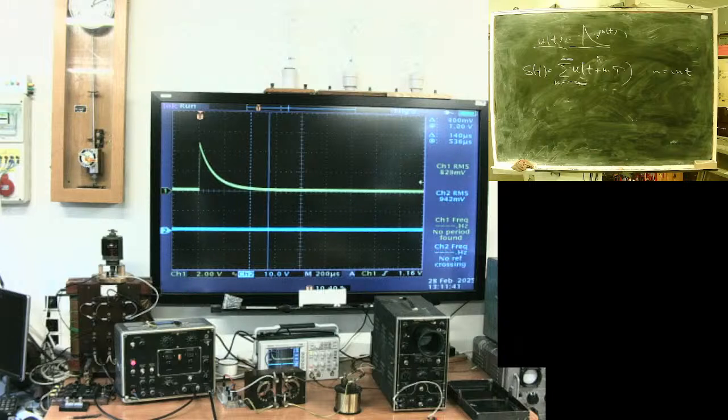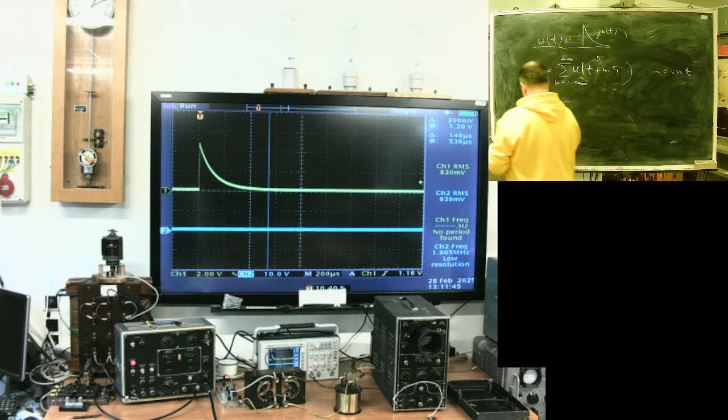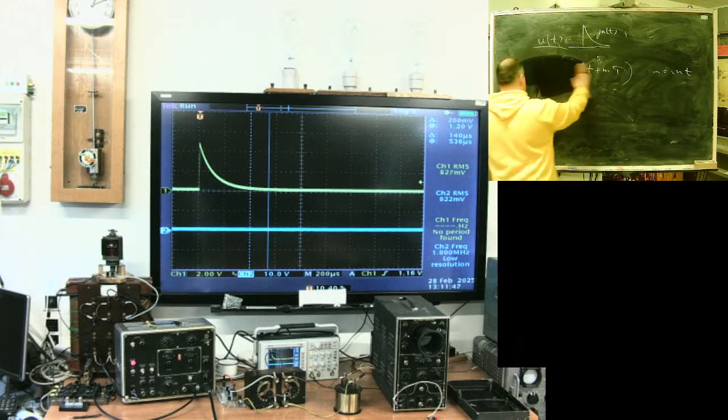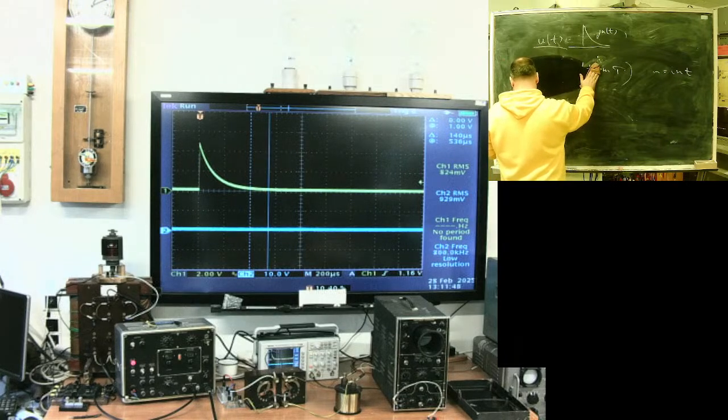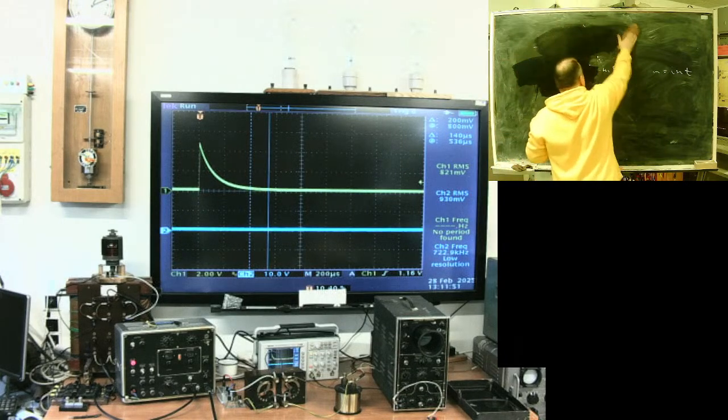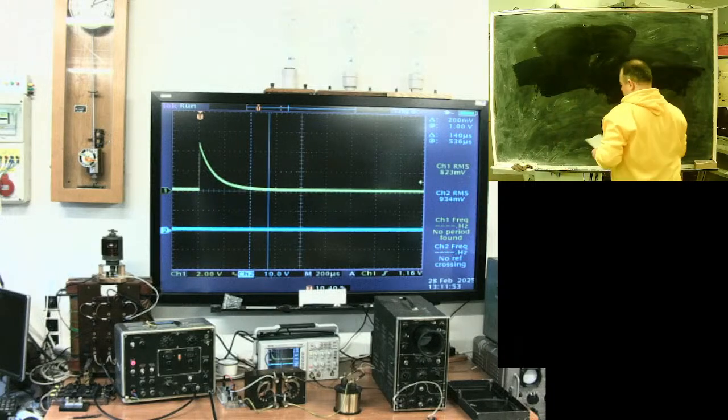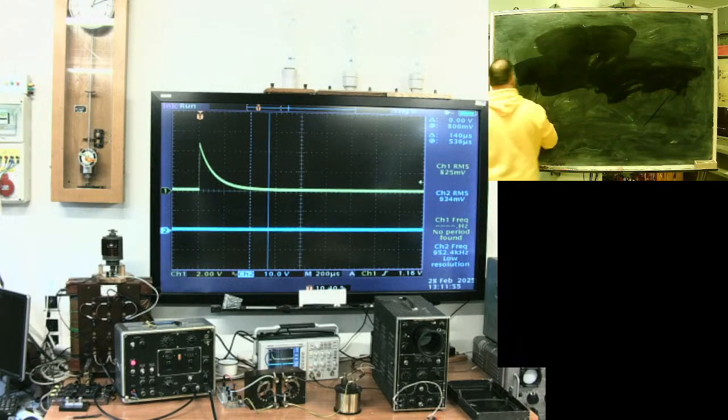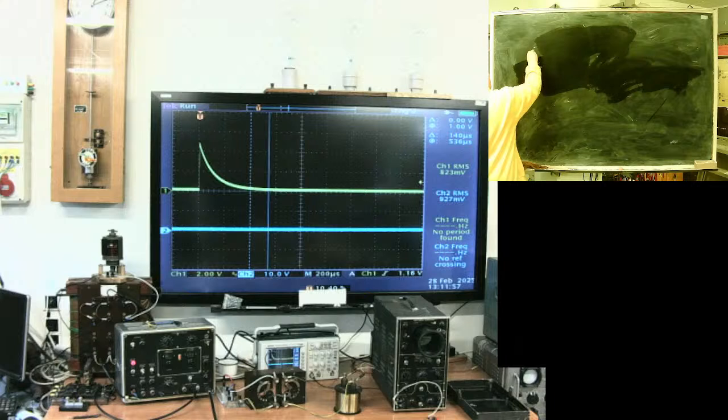I can perform a Fourier transform on it. I can get a complex curve.